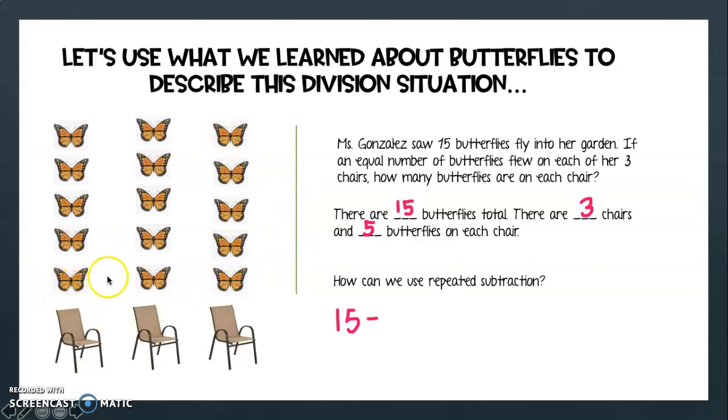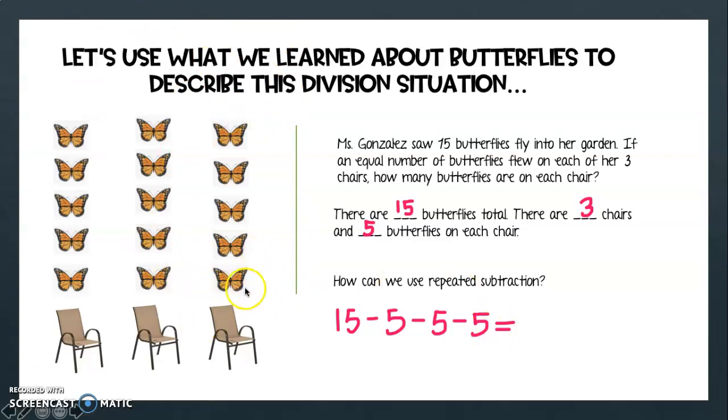So first I subtracted 5 butterflies that flew on the first group, or on the first chair. So 15 minus 5. And then I'm going to subtract the next group of butterflies that flew onto the next chair, which is another 5. And then the last group of butterflies that flew on the last chair, which is another 5.